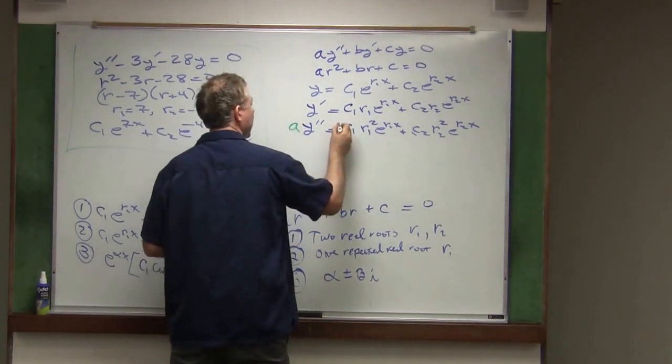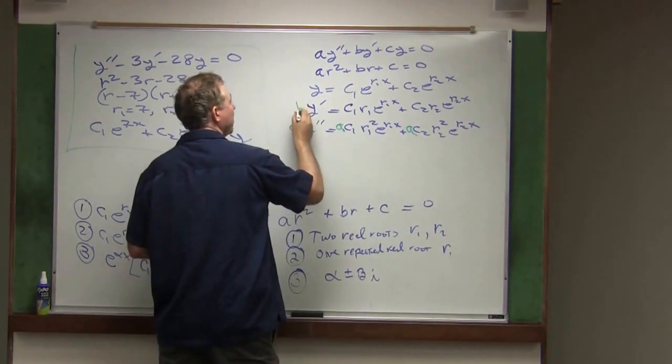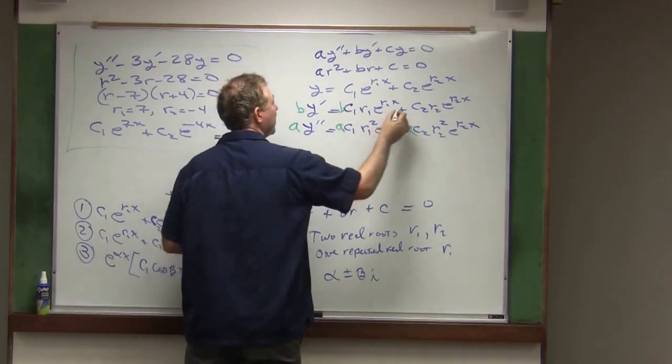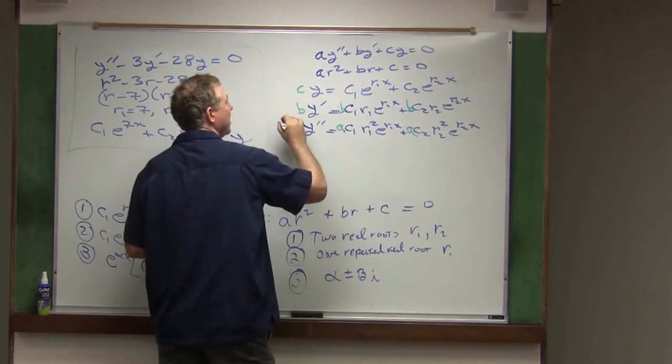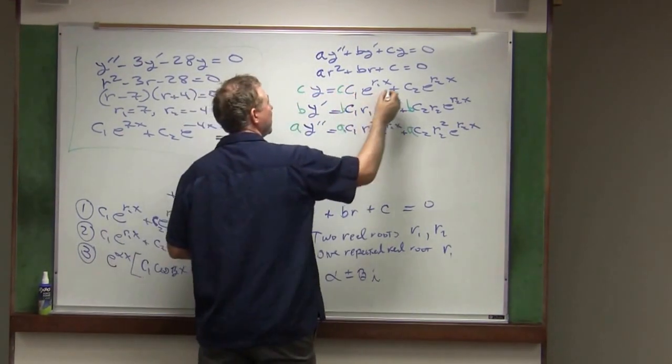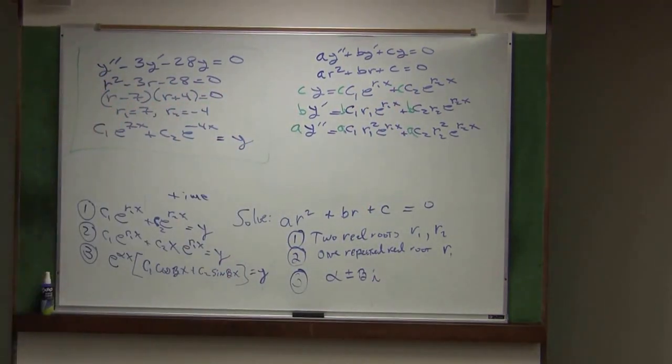So put the a here, put the b here, and let's put the c here, and the c here. Okay? Now, I want to add them up and check that I do get 0.